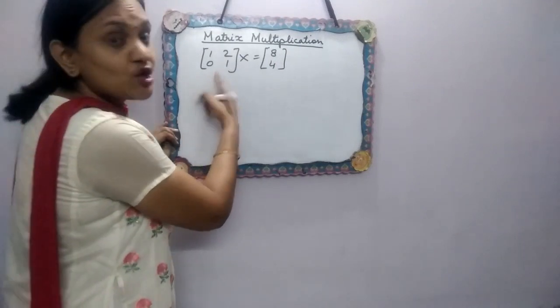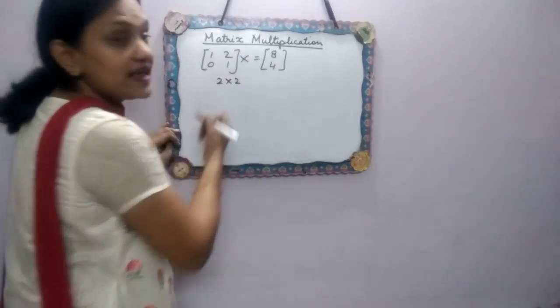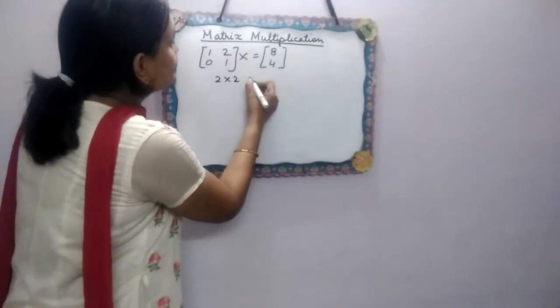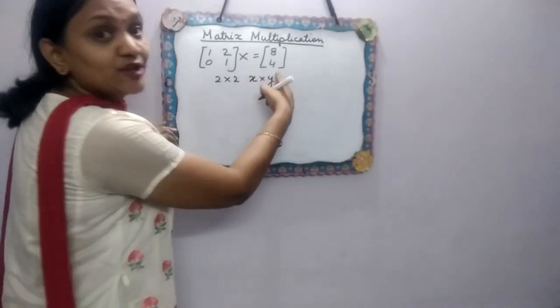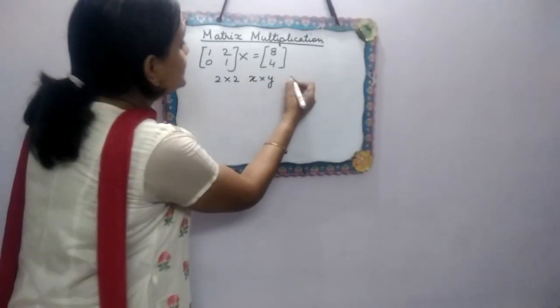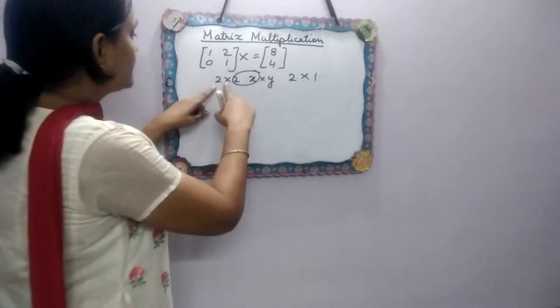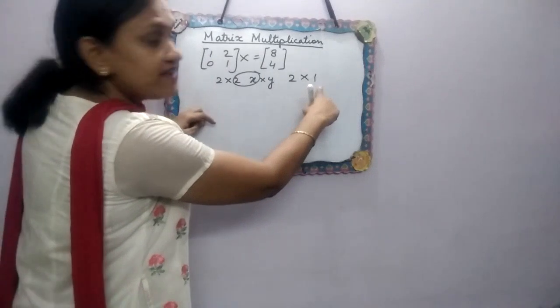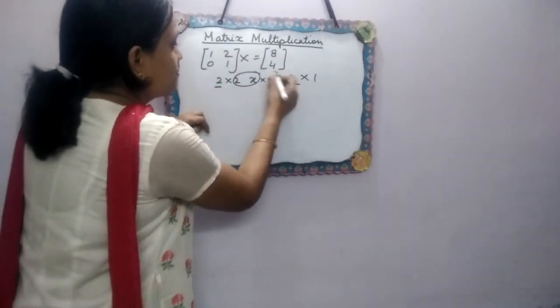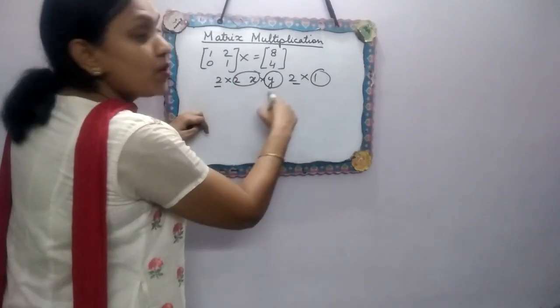This matrix has the order 2 by 2. Let's assume that the order of X is X by Y and the order of the resulting matrix is 2 by 1. So X is equal to 2, 2 by Y is equal to 2 by 1. So Y is equal to 1.